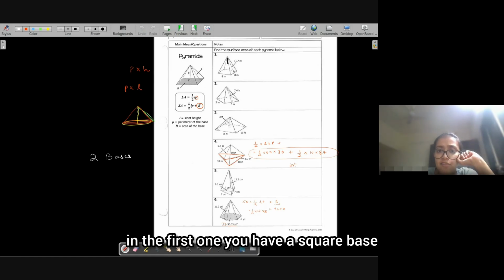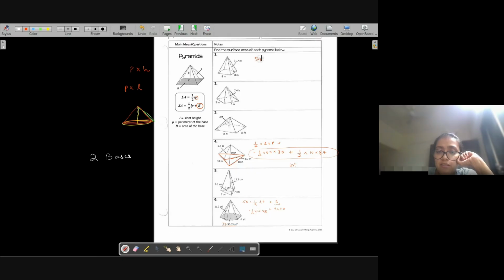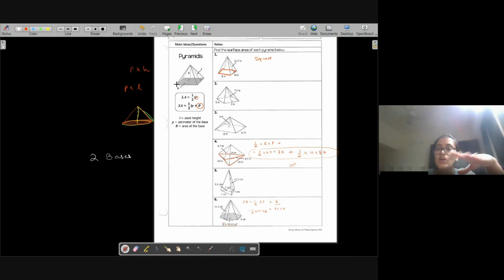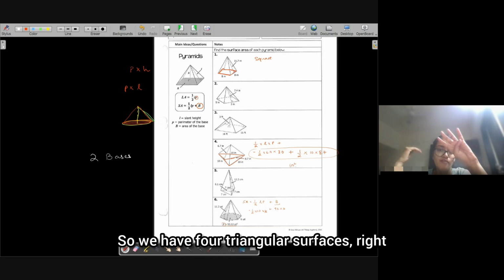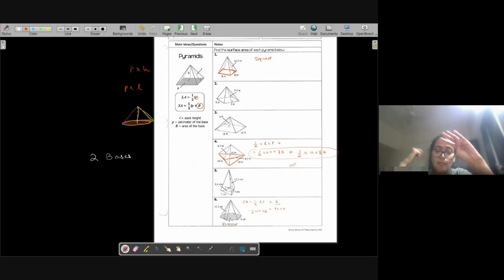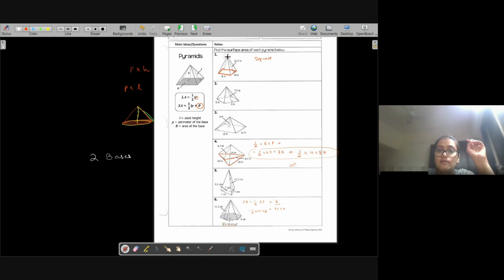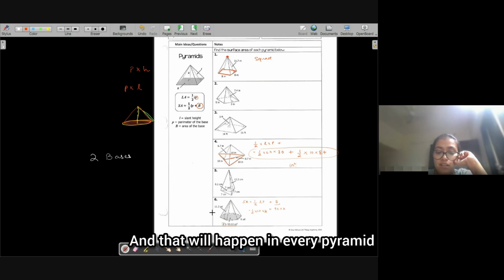In the first one, you have a square base. A square has 4 edges, 1, 2, 3, 4. On every edge, there is a triangular surface. So we have 4 triangular surfaces, right? And those 4 surfaces will connect at one point. And that will happen in every pyramid.